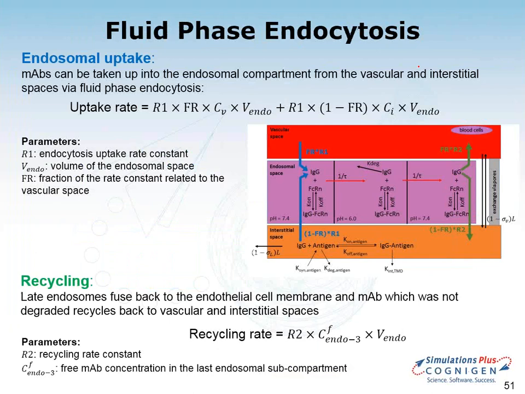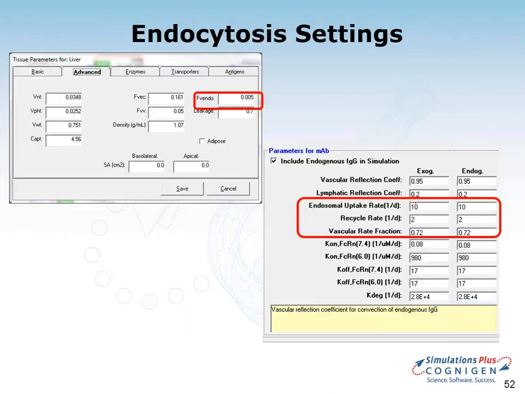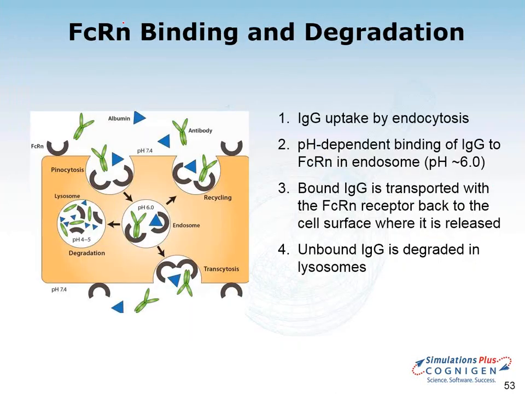For fluid phase endocytosis, again, we model it via a rate, defining the rate of endosomal uptake from the vascular space or from interstitial space, and subsequently recycling of the endosomes back to the surface of the cell, either on the plasma side or on the tissue side into interstitial space. Along with this comes the process of FcRn binding.